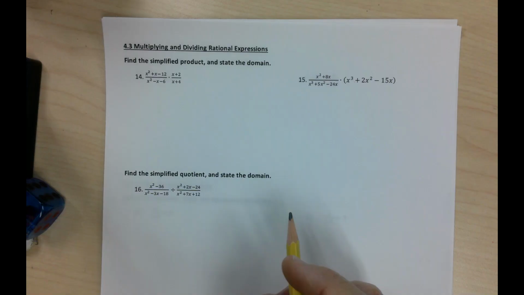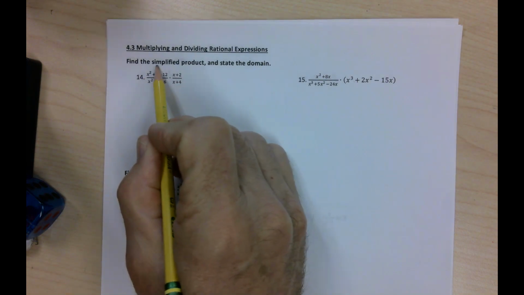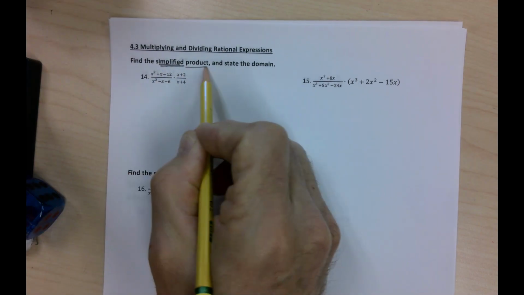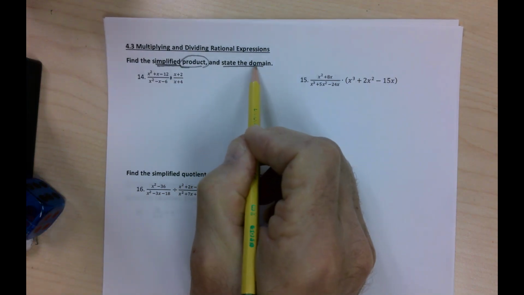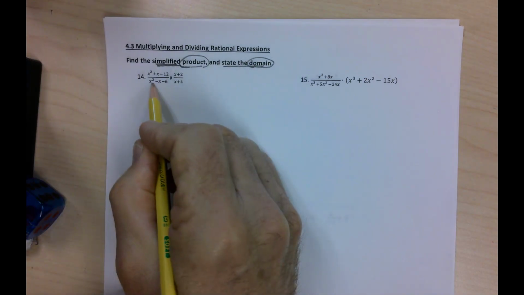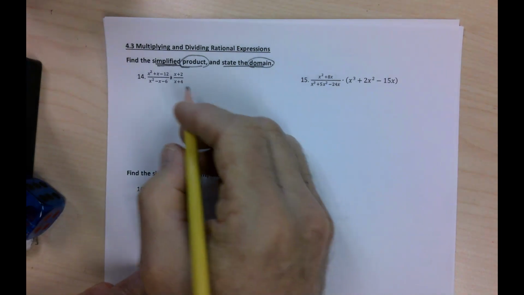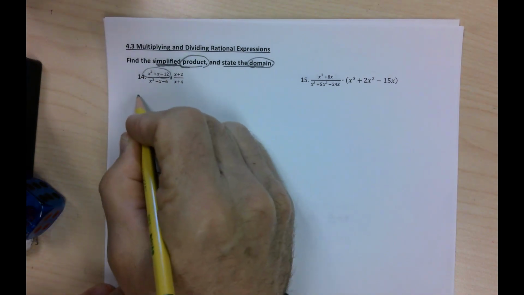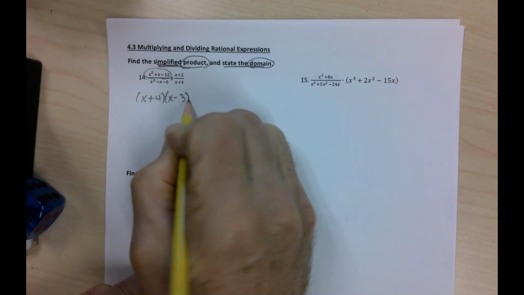Okay, so I'm going to try to finish this, and then that'll be part 1. But this says, find the simplified product. That means multiplication, pretty self-explanatory. State the domain. The domain is before you cancel things. So what we're going to do is immediately take a look at this. Factor, factor, factor. That right there is x plus 4, x minus 3.